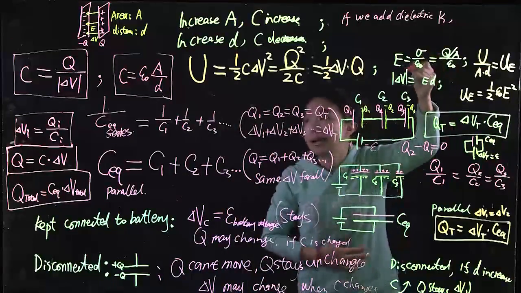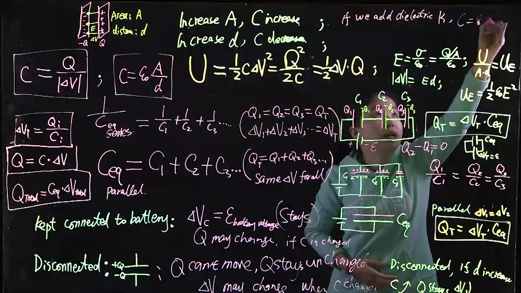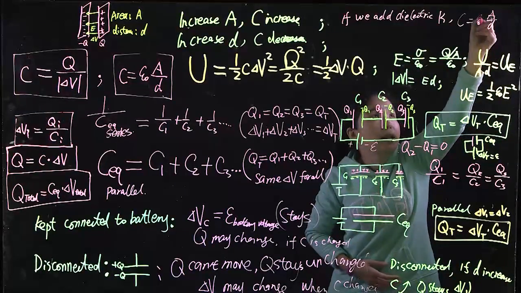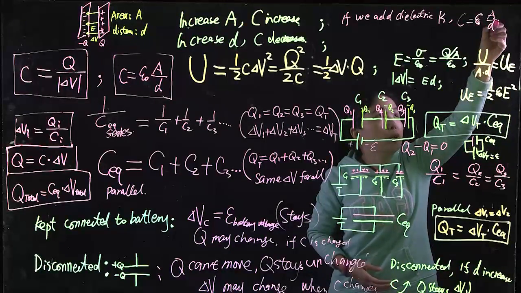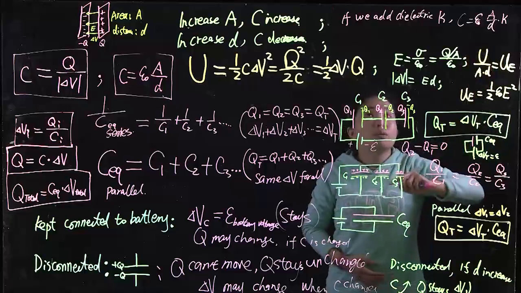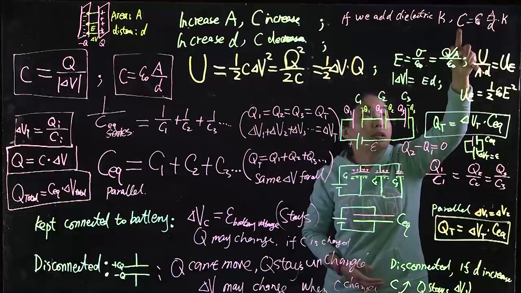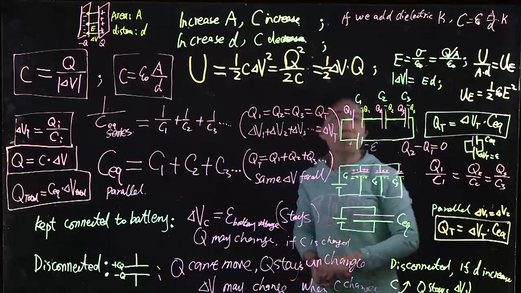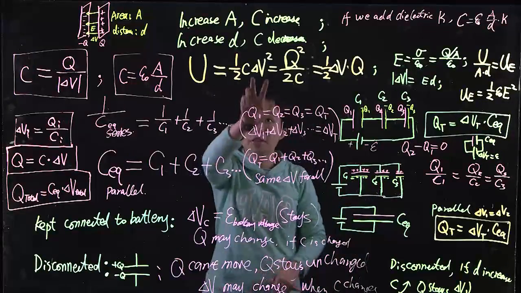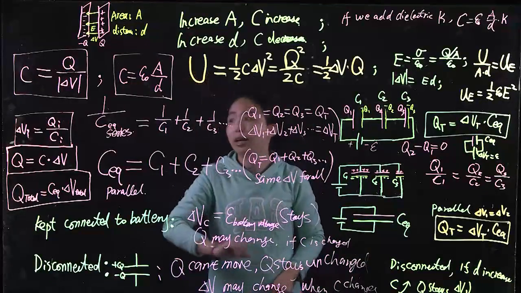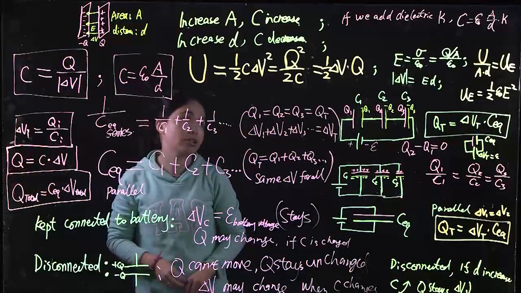What's going to happen is that we're getting a new capacitance which is equal to epsilon 0 A over D. That's what you have when you have a vacuum in between or air in between, and that multiplied by chi. When we add a dielectric, we are increasing the capacitance. And then once you have your capacitance increased, given the same voltage difference, you can store more energy. Given the same voltage of the battery, you can store more charge.